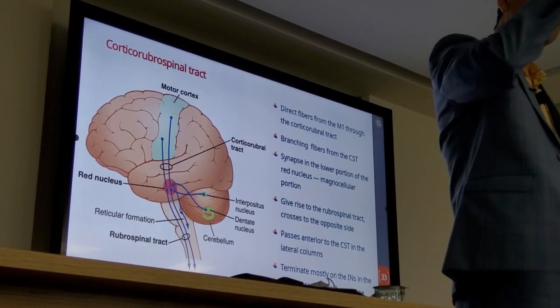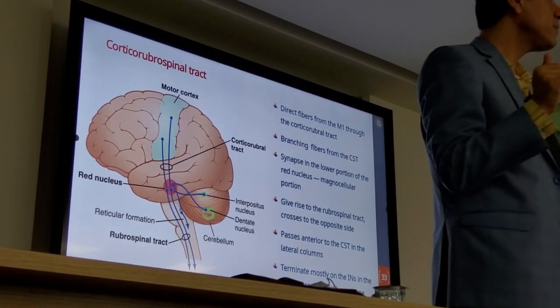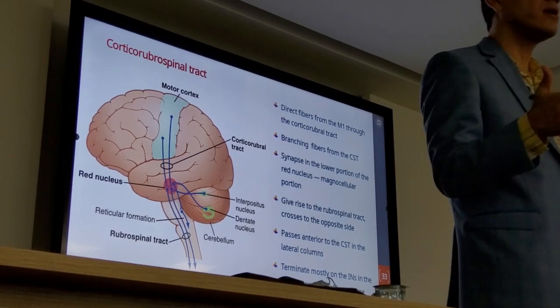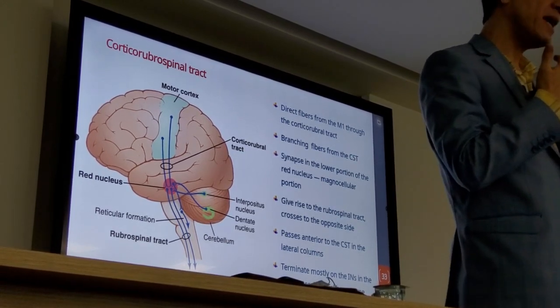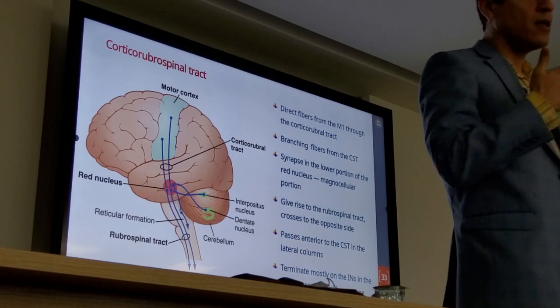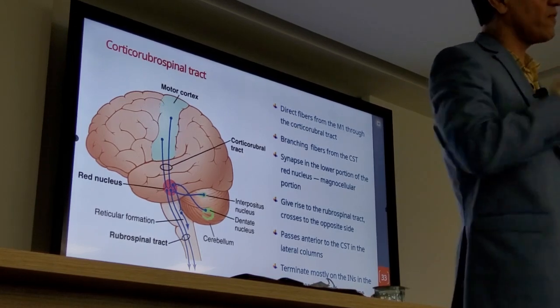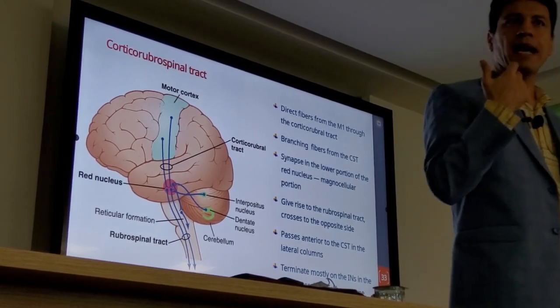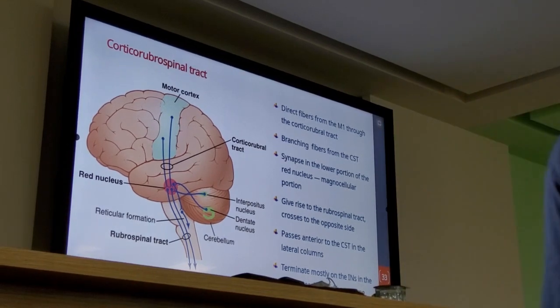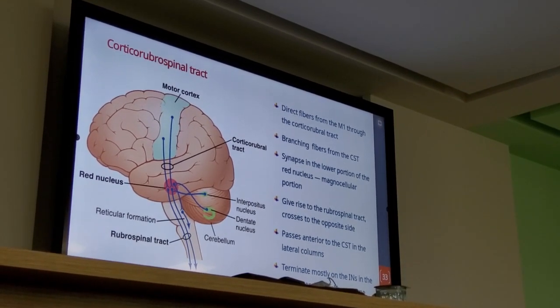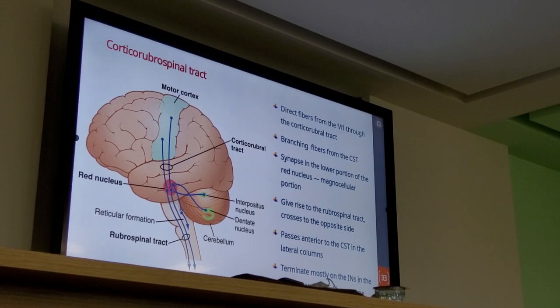So when there is damage in the cortex, in the hand area, after the recovery of the patient from that damage, some of the functions of the finger come back. At the acute phase, when there is damage in the cortex, all movements of the finger are lost.